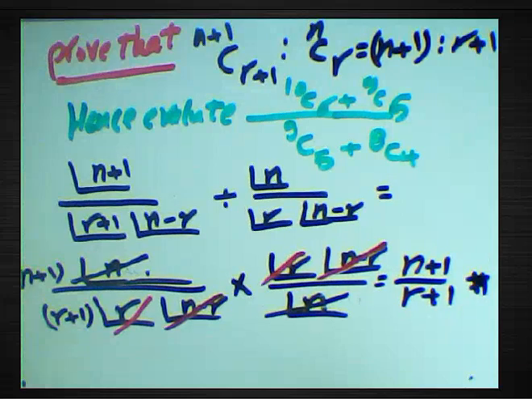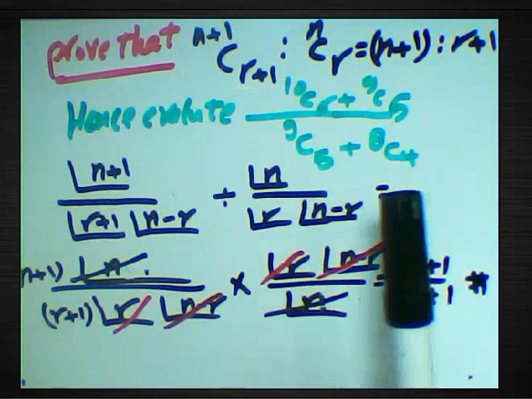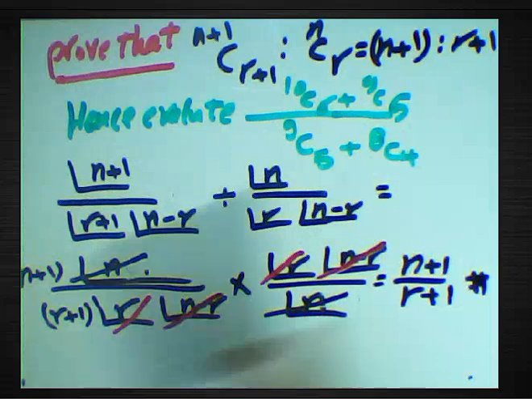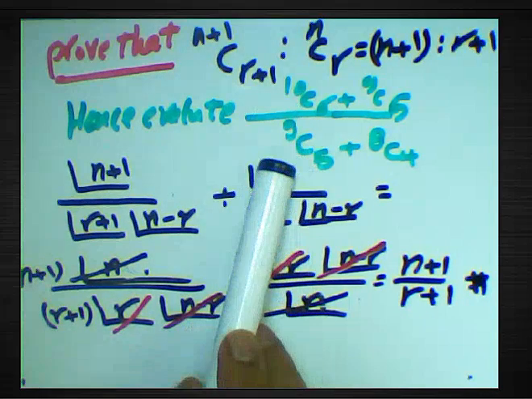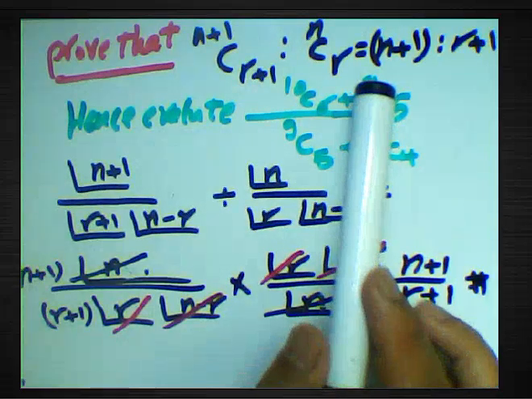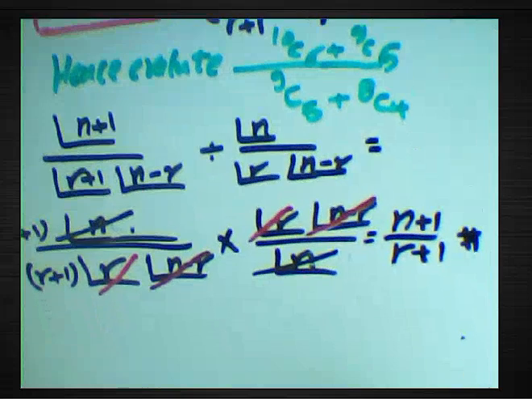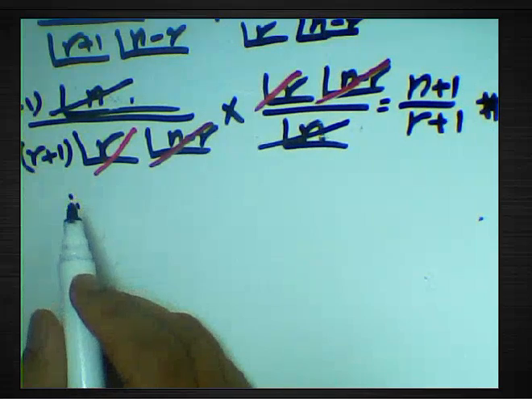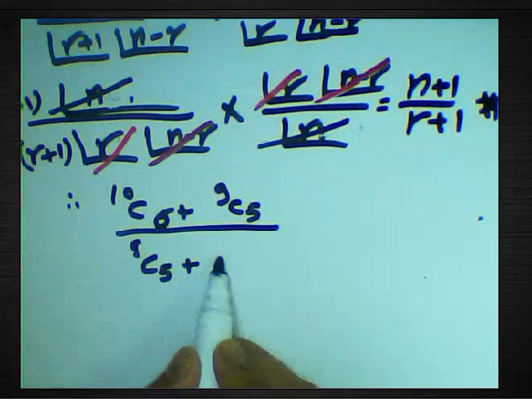Okay, and hence evaluate 10 combination 6 plus 9 combination 5 over 9 combination 5 plus 8 combination 4.